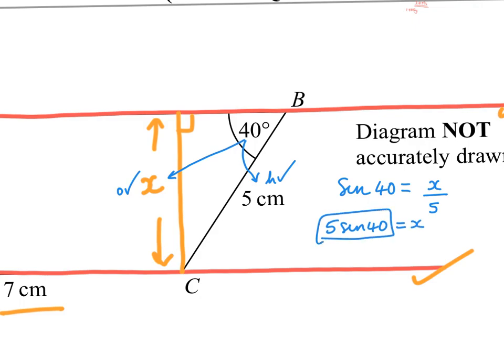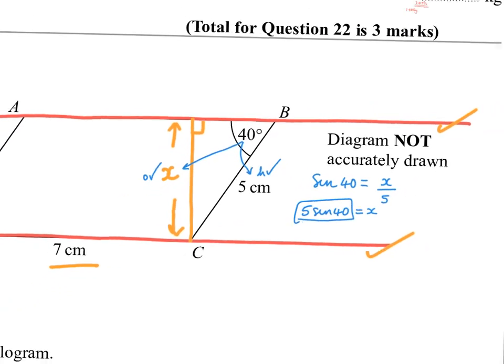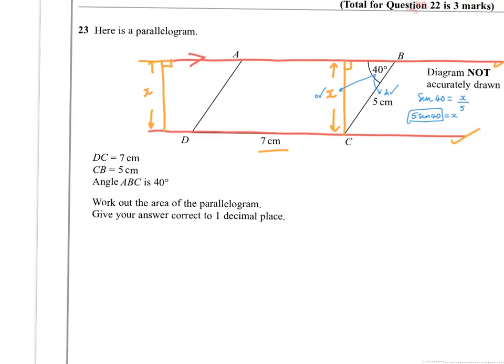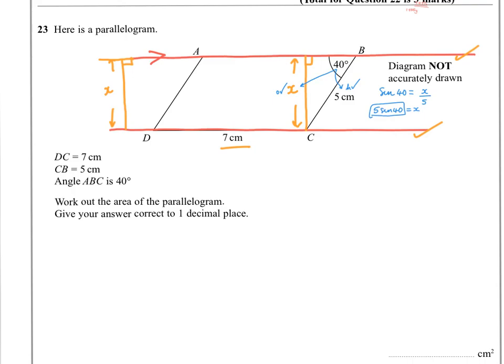I'm not going to put that in my calculator just now. I haven't really got any interest on what that is as a decimal just yet. And then I'm going to come back to my question and say, therefore, the area is going to be the base, which is 7 times by 5 sine 40.